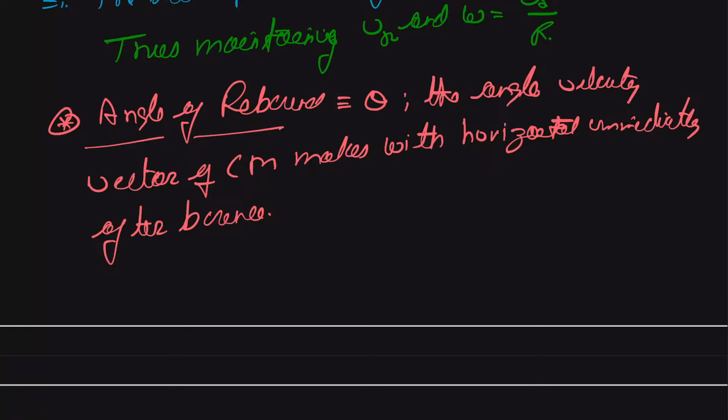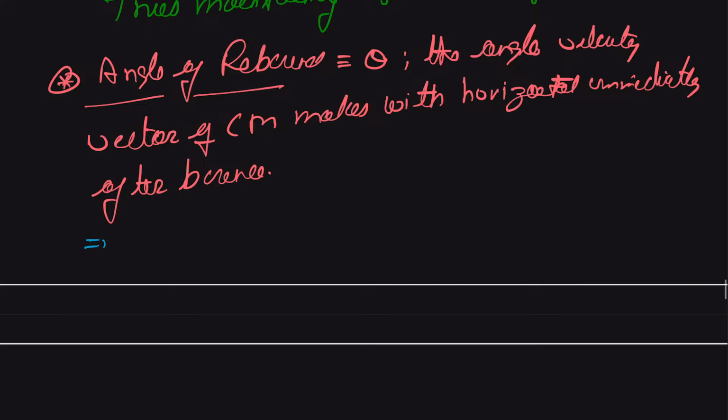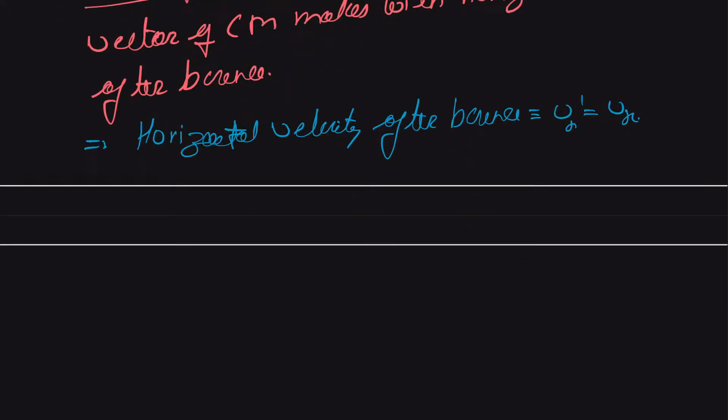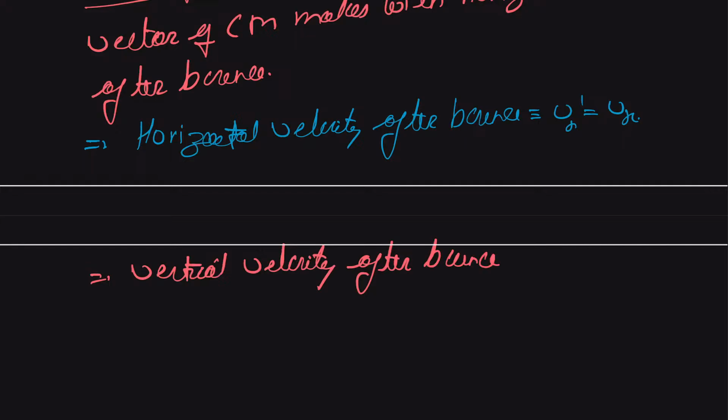And we already know the condition for our horizontal velocity. So we can say that the horizontal velocity after bounce, that is Vx prime, is equal to our Vx, and the vertical velocity after bounce we just calculated.